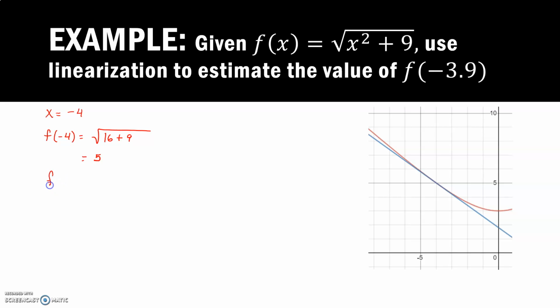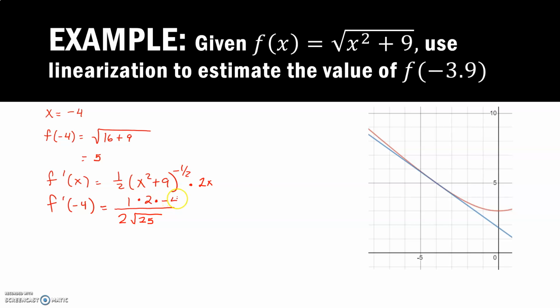And then our slope would be 1/2 times x squared plus 9 to the negative 1/2 times 2x. And so f prime of negative 4 would be 1/2 times the square root of 25 times 2 times negative 4.